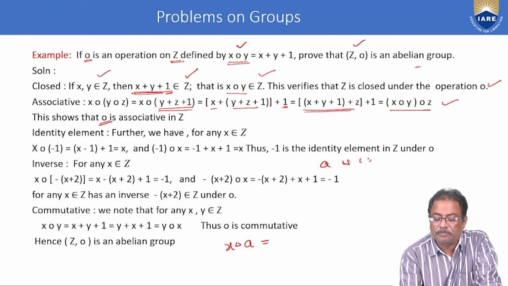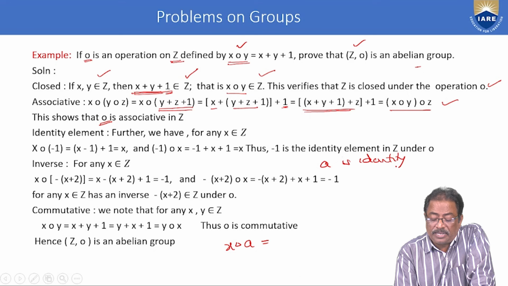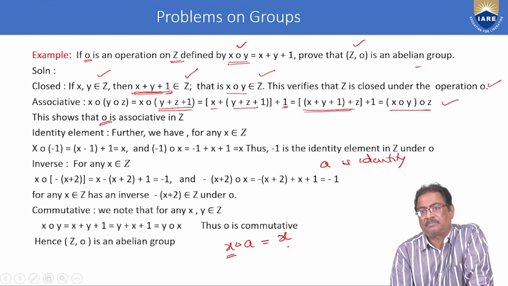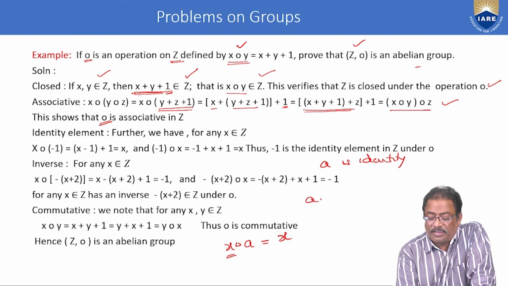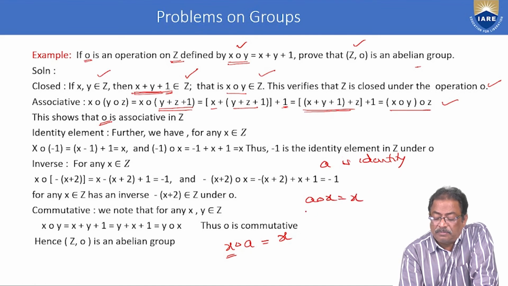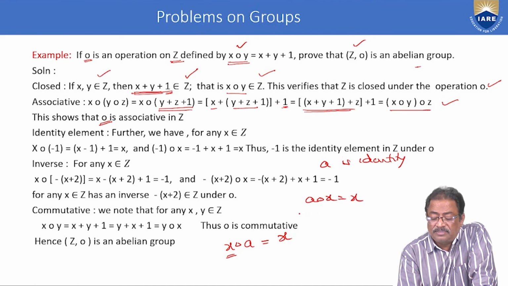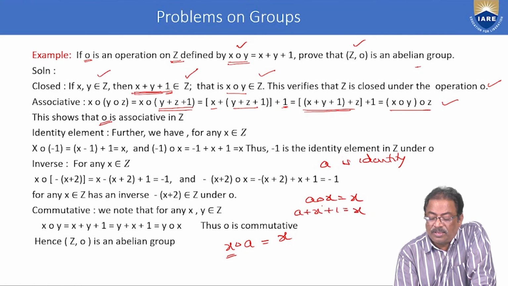If A is the identity element and X is any element, then the result is X, or A circle X is equal to X. Anyway, we can consider this. Then this is nothing but A plus X plus 1 is equal to X. So now X gets cancelled, so A equals minus 1.